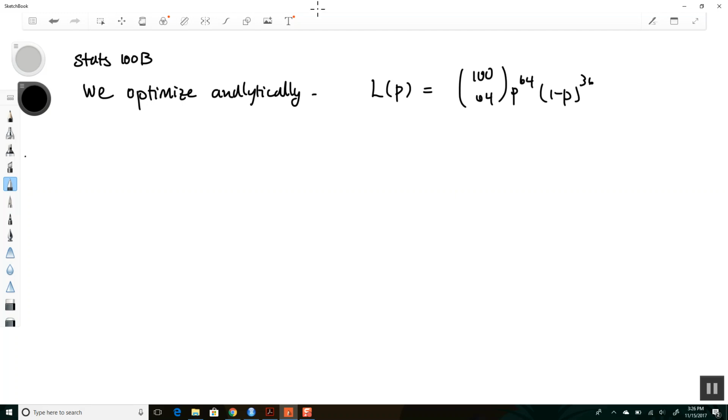Okay, we take the derivative, so we have L prime of p or something. And what do we do with this derivative? We set it equal to 0. Take derivative, set it equal to 0. Solve for p.